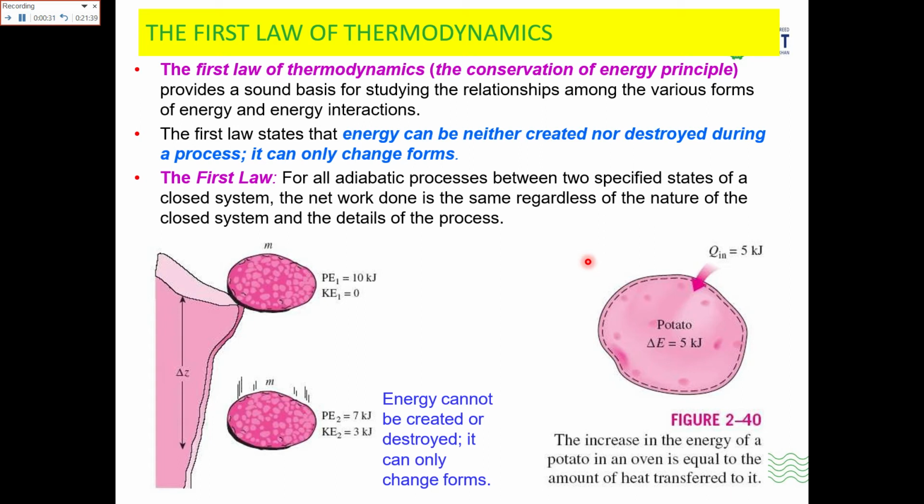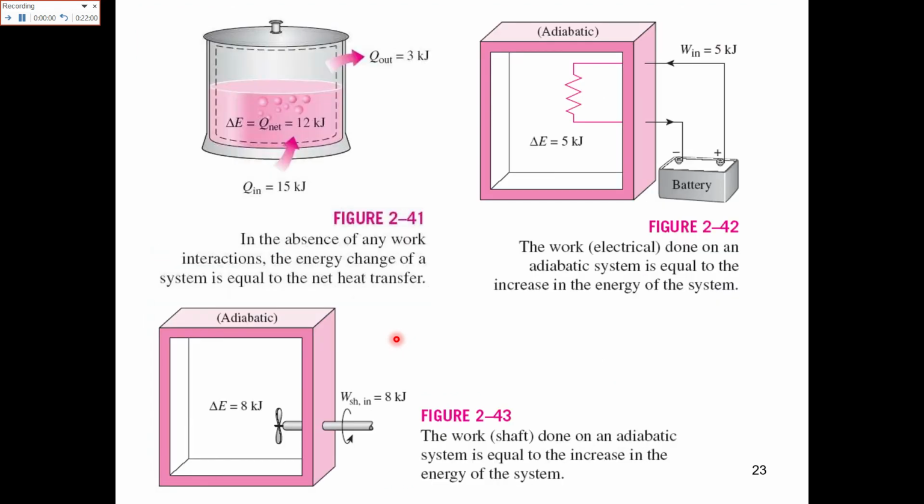As we have seen in the previous slides, a stone is present upon a rock having potential energy, and when it starts falling, the potential energy is converted into kinetic energy. So according to the first law, we are basically changing the form of energy. Similarly, these are also some examples of the energy interaction and energy transfer associated with the first law of thermodynamics.